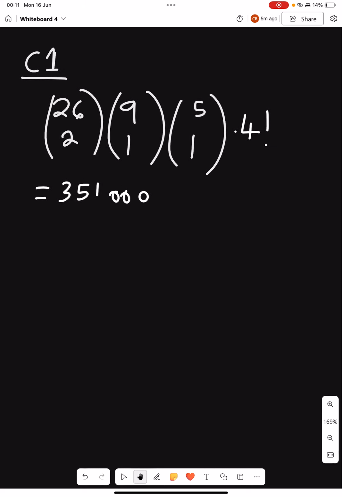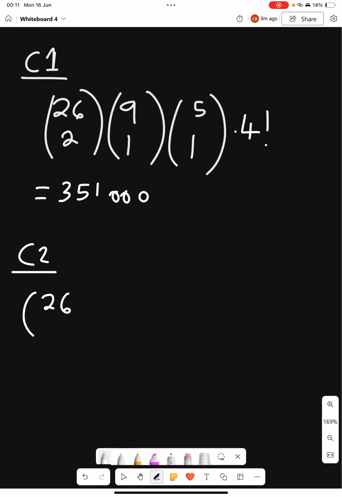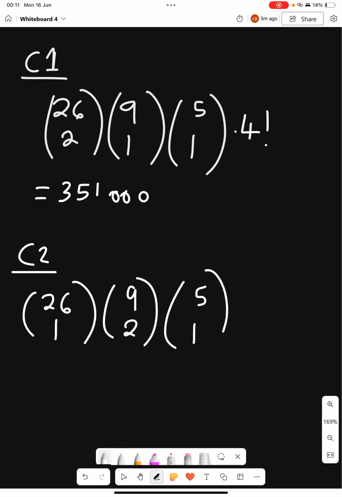And for case 2, we're going to have 26 choose 1 now, and then we're going to have 9, we can now choose 2 digits, and then 5 choose 1. We're still selecting 4 characters, but the order is concerned.